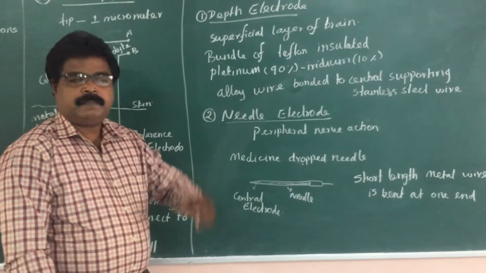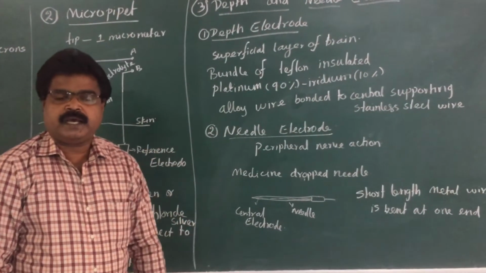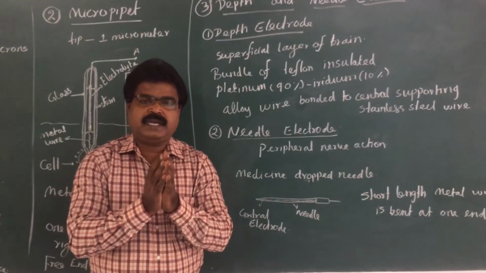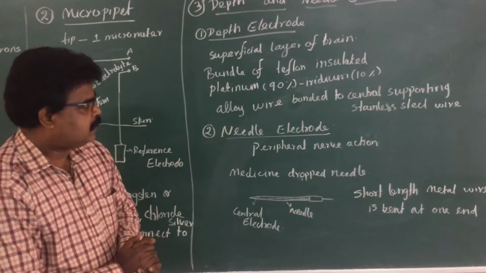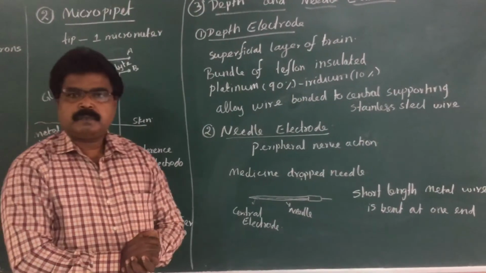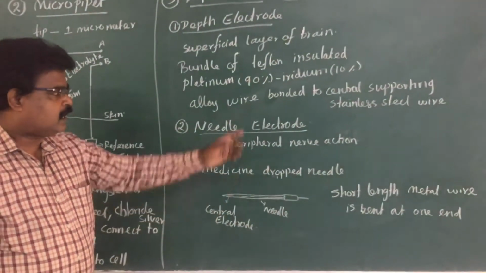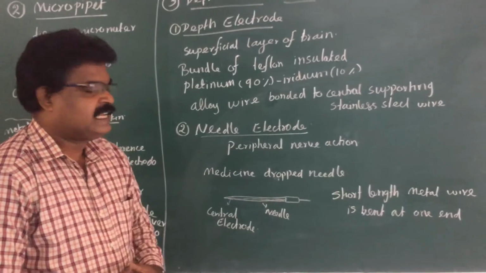This bundle of wires will be supported by a centrally supporting alloy wire. Then the free end must be inserted into the brain. The centrally supporting wire is made up of stainless steel.